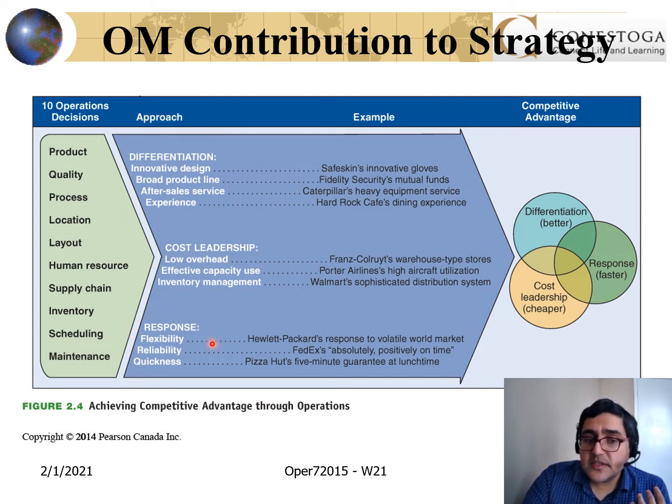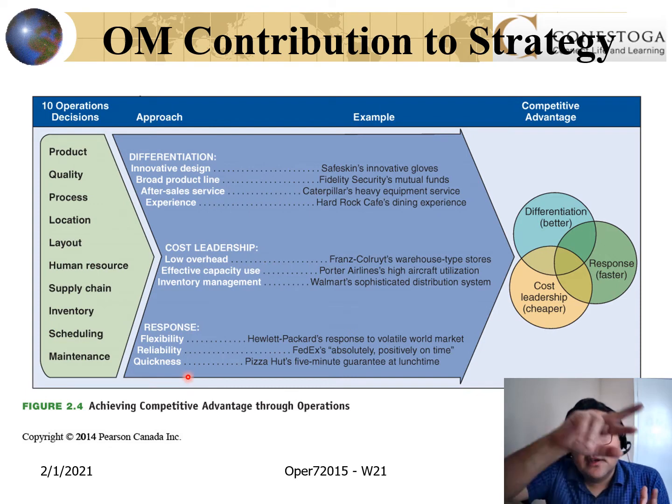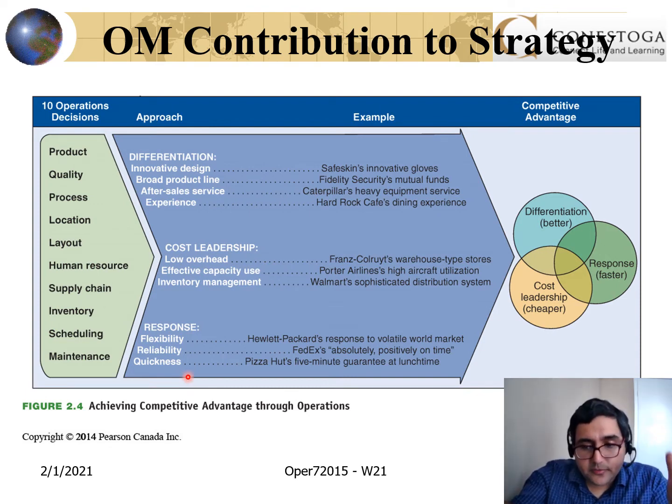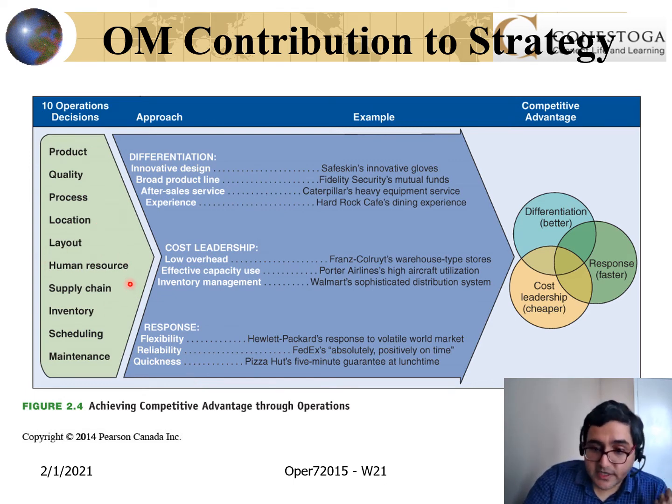The same is the case with response strategy. If you are thinking of, say for example, quick delivery in your fast food chain, you're going to McDonald's, it's very important that the people are well trained to do certain things, and the layout is very important.